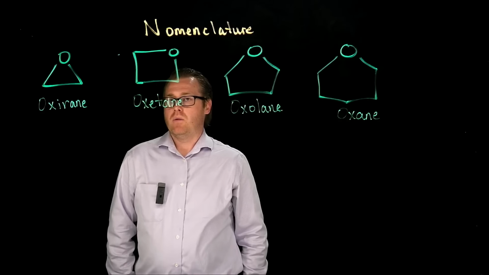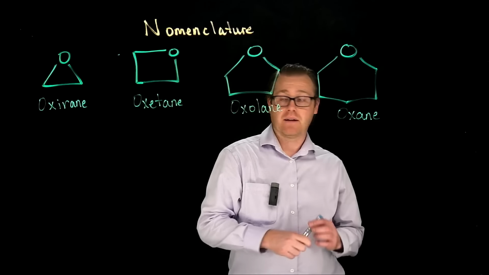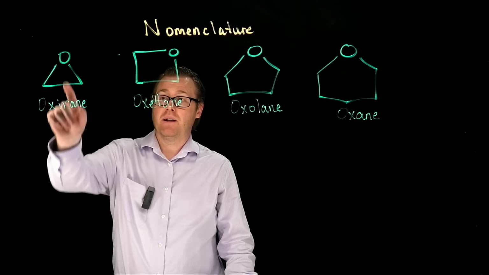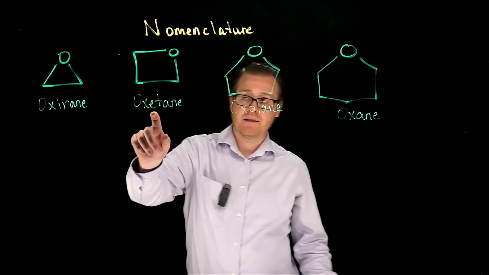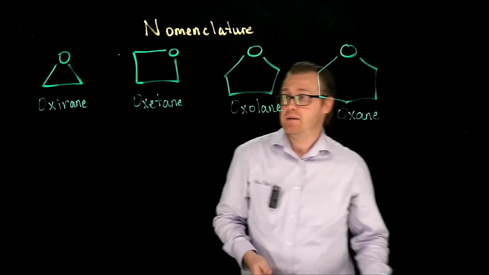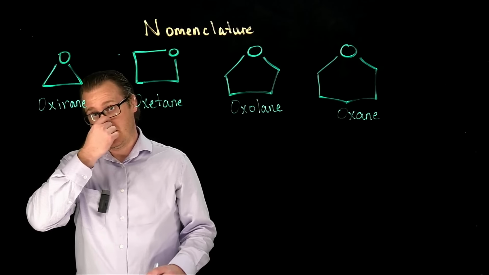Now when we take a look at the different types of ethers that are cyclic, they have different names. We have oxiranes when it's a 3-membered ring, oxetanes with 4, oxolanes with 5, and oxanes with 6. So you have these different names for these ethers.